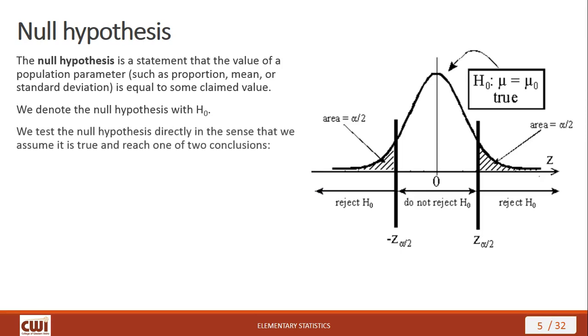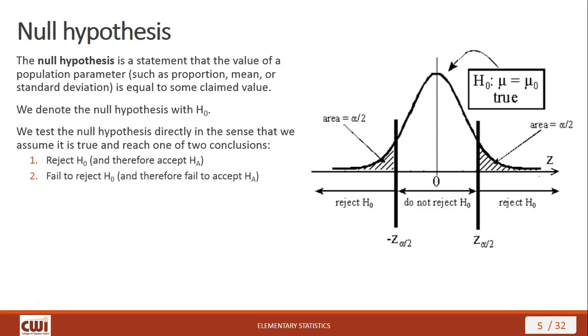Now, we're going to test the null hypothesis directly in the sense that we assume that it's true in our testing procedure. And then we're going to reach one of two conclusions. First, we're going to reject H naught. This is one of the conclusions that we could reach. If we reject H naught, we therefore, by definition, accept the alternative hypothesis.